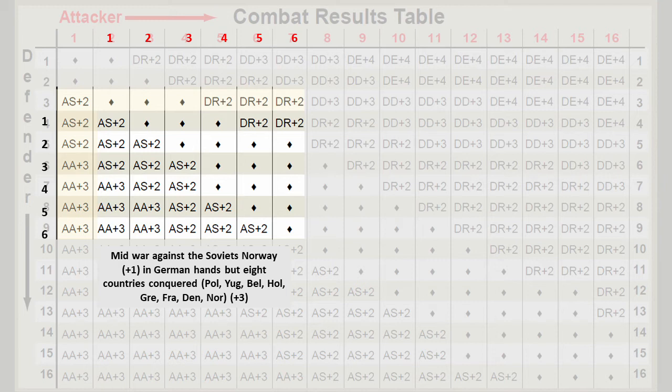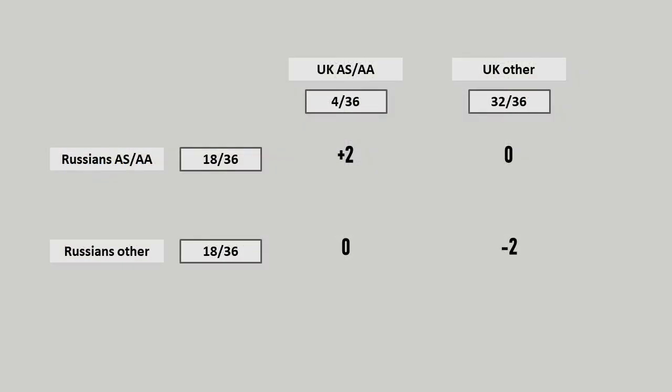And then there's a possibility of fighting with only a +2 Soviet modifier. Here are how the odds pan out. So we have the chances of the Russians getting an AS or AA, and the chances of the UK getting an AS or AA, and those interact to produce +2, -2, or 0.